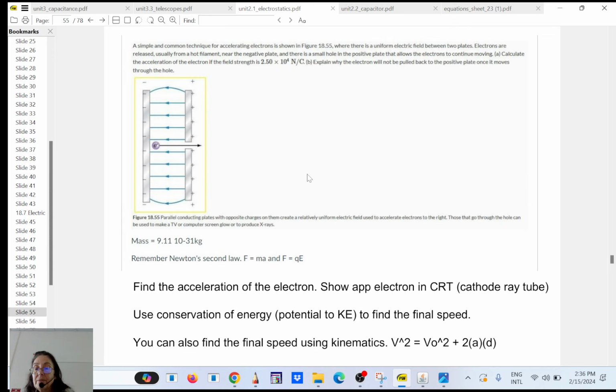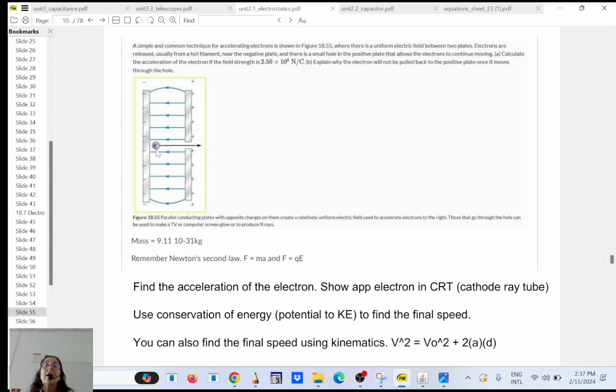Okay, slide 55. Well, this one we already did things like this, right? So if you have an electron here, the electric field is from plus to minus. What's going to happen to the electron? Does it want to go with the electric field or against? Against.